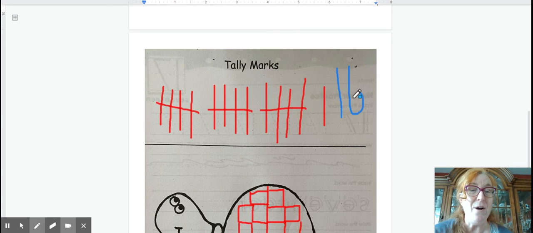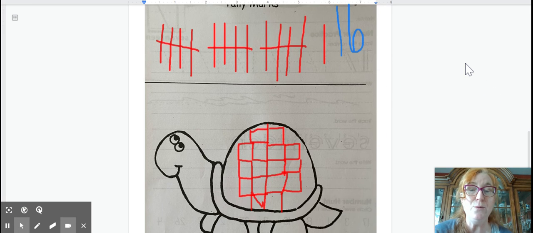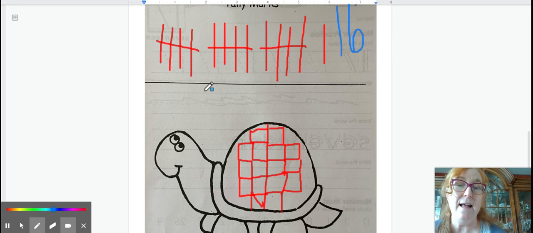So we have 3 whole sets of 5, 10, 15, plus one more is the number 16. And that is what you were challenged with today, how to make the number 16.